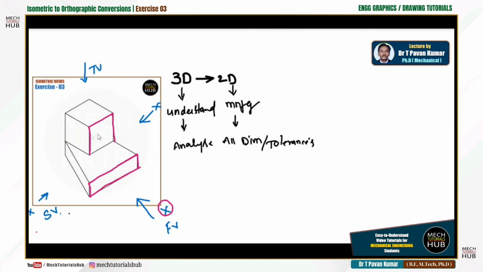Similarly, as this maintains some slant, this edge is also visible, and here you could see a slant edge, while this shorter edge becomes completely invisible. So when I view from the front, I could see these faces clearly. That is what we'll mention and take the projection lines, followed by the top view.